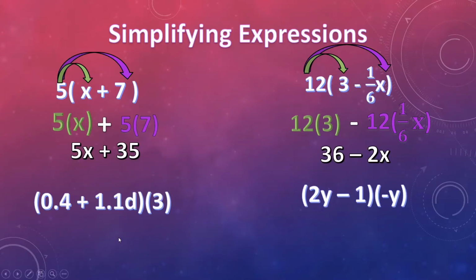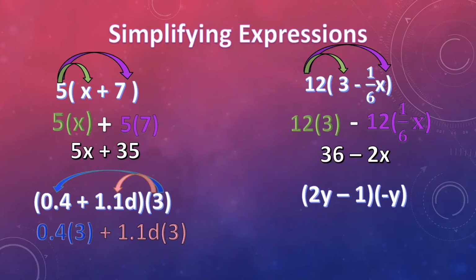Okay, let's see how you did on this one. I'd have to distribute 3 times 0.4. Then I do 3 times 1.1d. So a lot of people ask, and I'm just going to pause for a second, what is the work that I show for distributive property? This is it right here. Those little swoop arrows, that's your work.